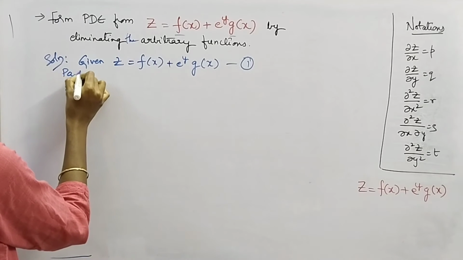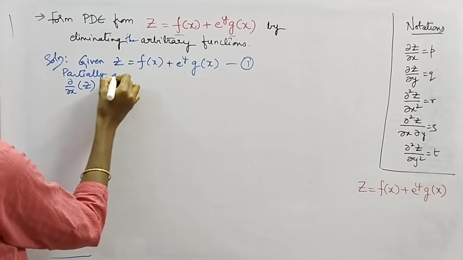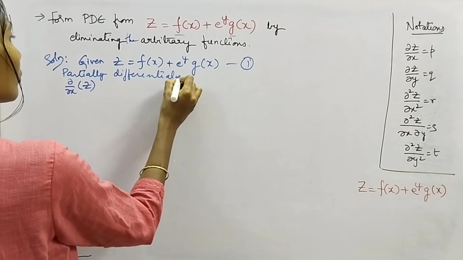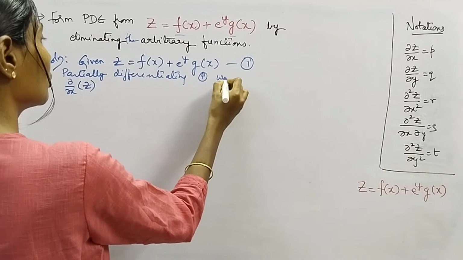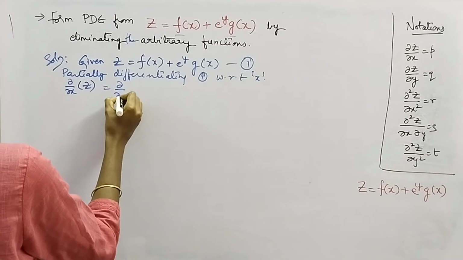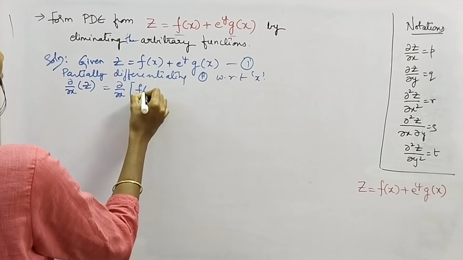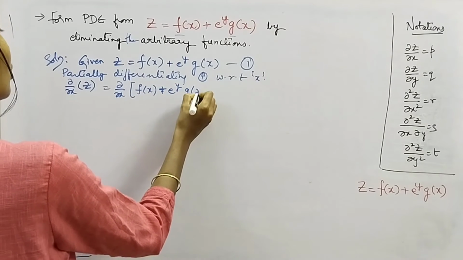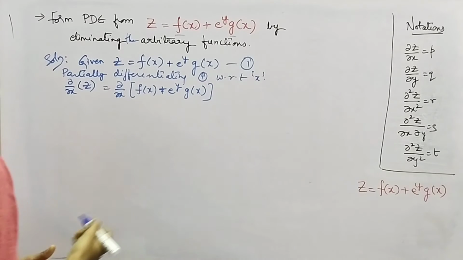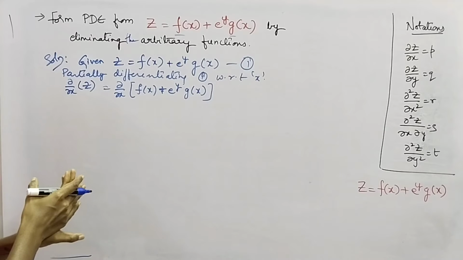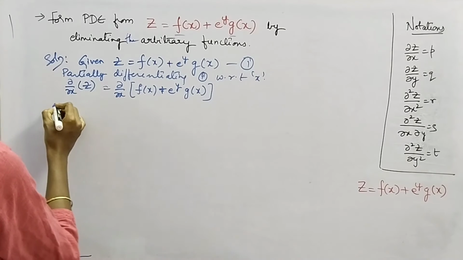Partially differentiating 1 with respect to x. Don't feel lazy to write one more step. It's okay to write one more step if it gives you clarity.